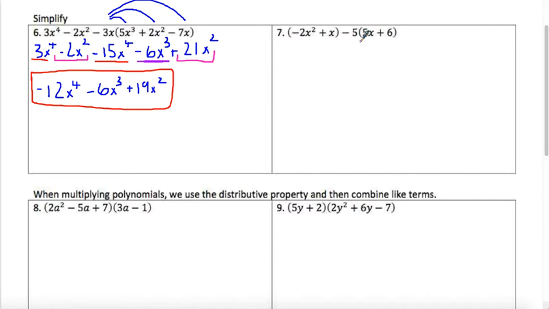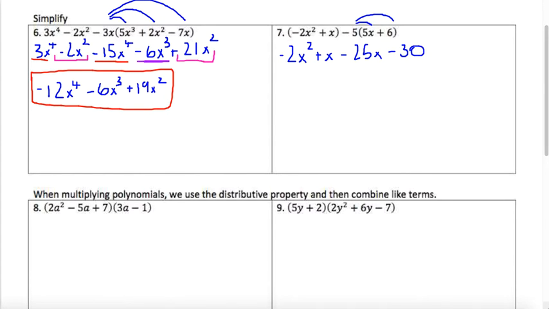So notice this first set of parentheses. There's nothing we can do inside of the parentheses. It's not being multiplied by anything, so it actually becomes irrelevant. We can't combine the terms inside the parentheses, and there's no operations outside the parentheses, so we can just ignore it. And the negative 5 we do distribute, so that becomes minus 25x minus 30.